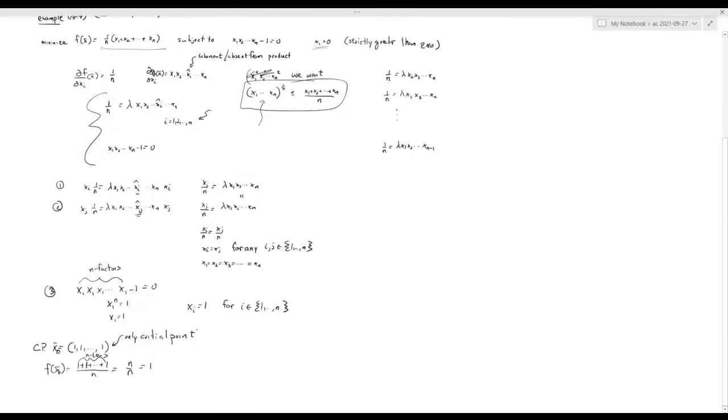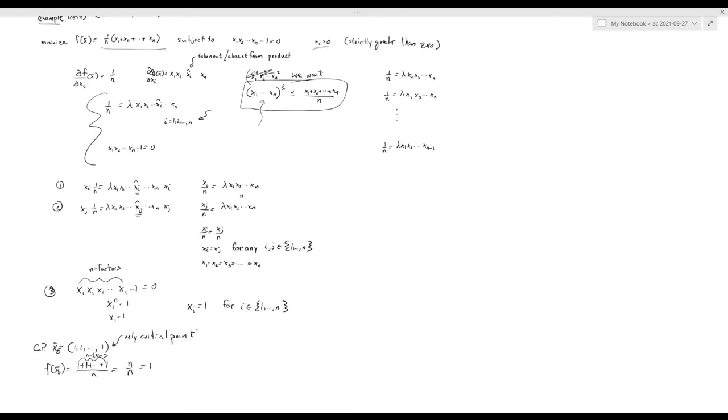So if you take any other point, which still has to satisfy the constraining equation, because we're only talking about points that satisfy that constraining equation, and if you get something larger, then this cannot be a maximum, because you find something at a place where the function is larger. If that makes sense.